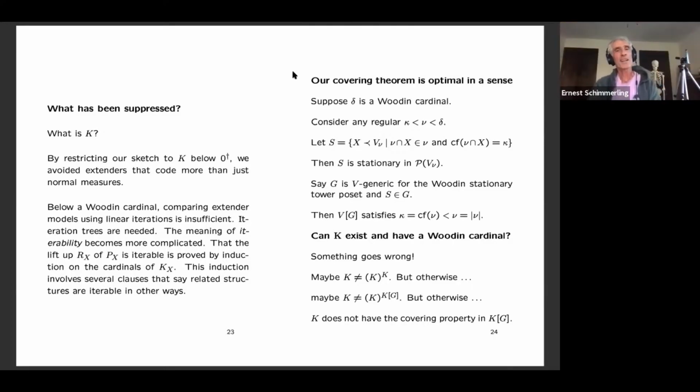There's hope that in any situation where you can work, there are versions of K that go beyond this anti-large cardinal assumption, and you would think that the kinds of arguments in this proof would generalize.